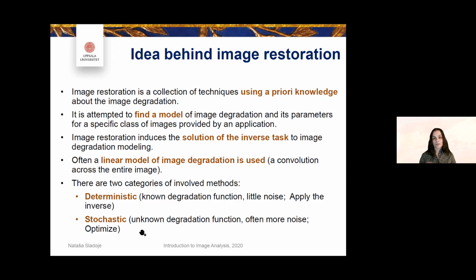In the set of other situations where we do not really know the degradation function well enough, it's not expressed so that we can invert it and then apply it, and most often we have more noise in our images, then we don't really have a chance to follow this deterministic procedure of just the inverse process.